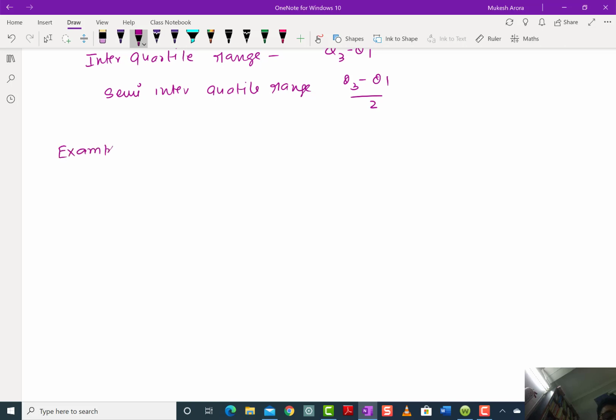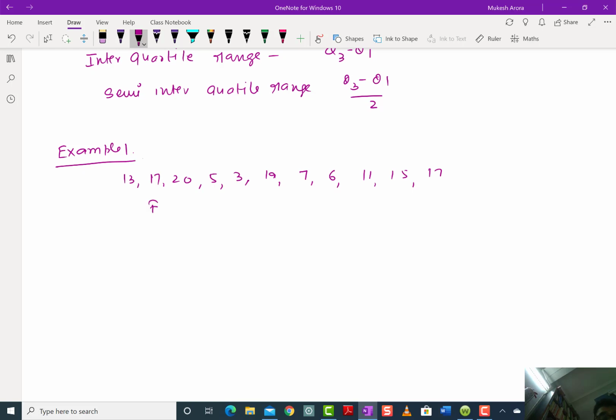Example 1. In a class, the marks scored by 11 students are 13, 17, 20, 5, 3, 19, 7, 6, 11, 15 and 7.